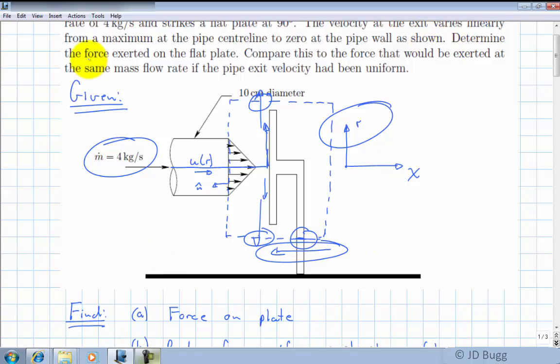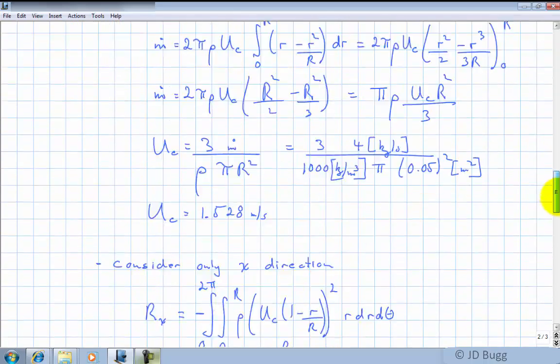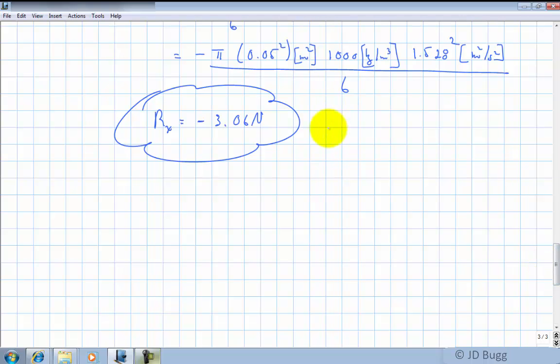But this actually asked for the force exerted on the plate. So that's going to be the opposite of that. So we should do that down here. We should say, therefore, force on plate by water is 3.06 newtons. And that's in the i direction.